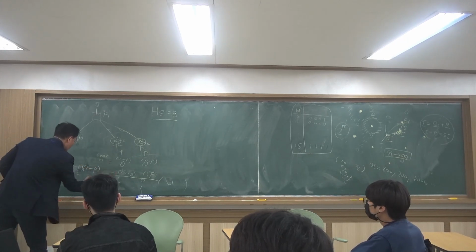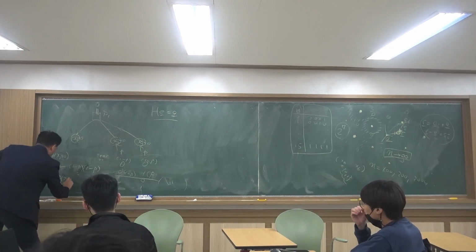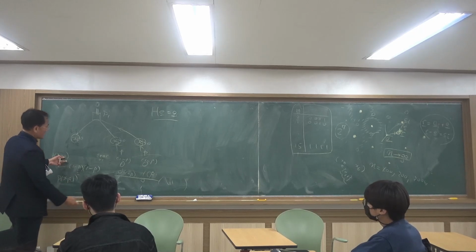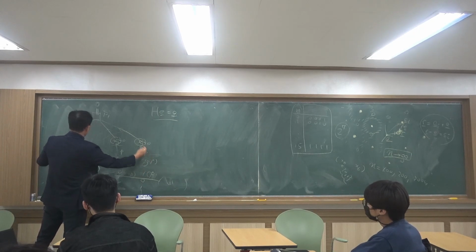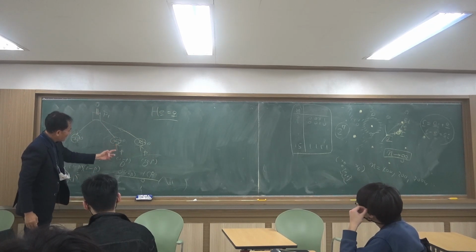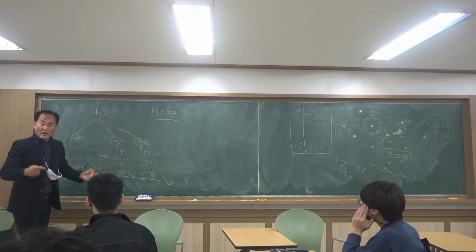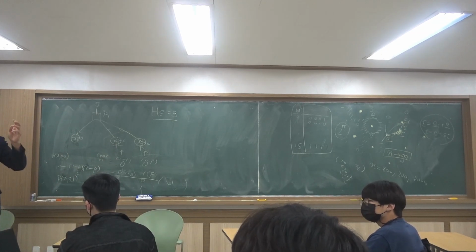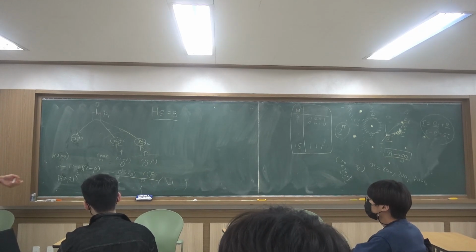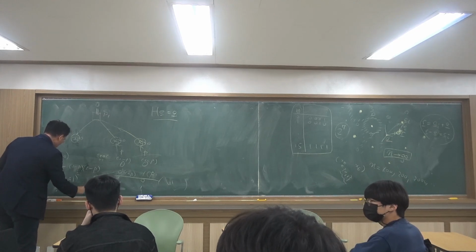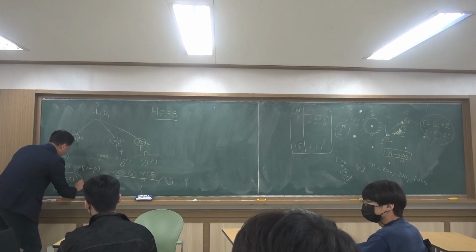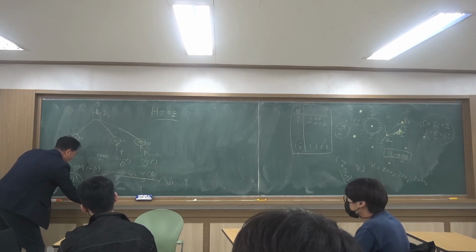If this one is in error and this one is also in error, then adding up, it becomes 0, using x4 equal to 0 when there is no error. So when both of the nodes have an error, it ends up as no error. So in this case, this probability is equal to p times (1 minus p).